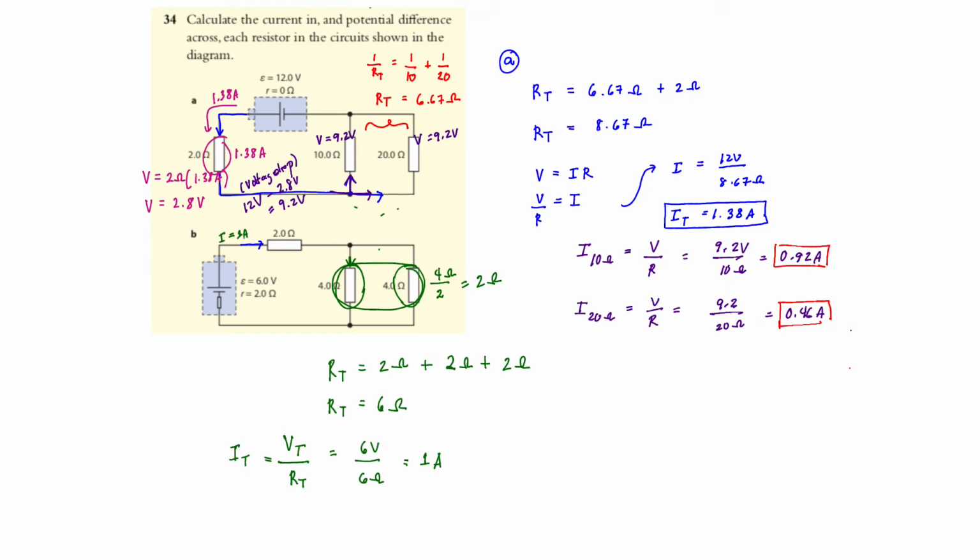From here we can take note that for the current coming from the battery, the EMF is 6 volts, and then we have 2 ohms.